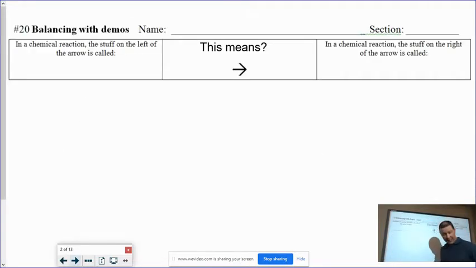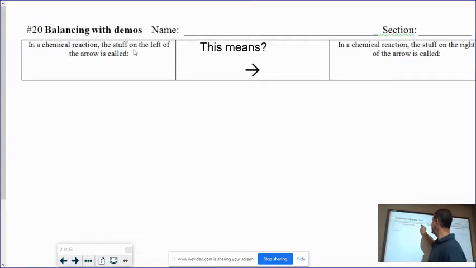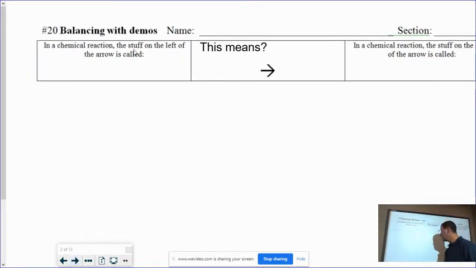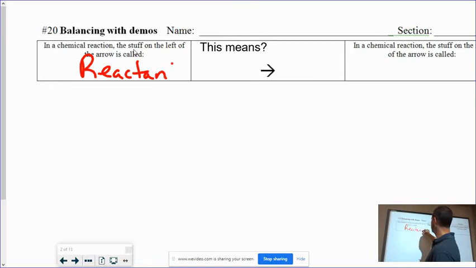So on this first part, it's asking you some questions about what the parts of a chemical reaction are. The stuff on the left-hand side are called reactants. And they react together to produce, or yield, products.